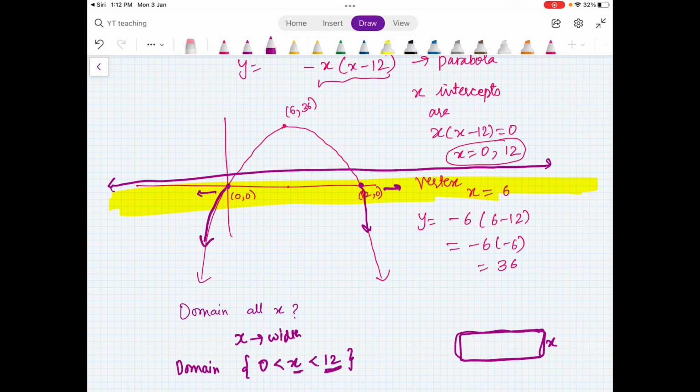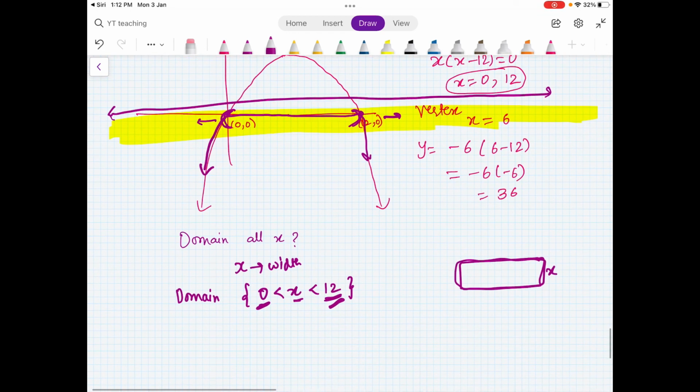That doesn't make sense, because y is the area. So we are talking about only this portion, from this to this, with both points excluded. Why? Because if we have 0 width, x is 0, that doesn't make sense. And if we have 12 width, in that case your length is 0. That again doesn't make sense.